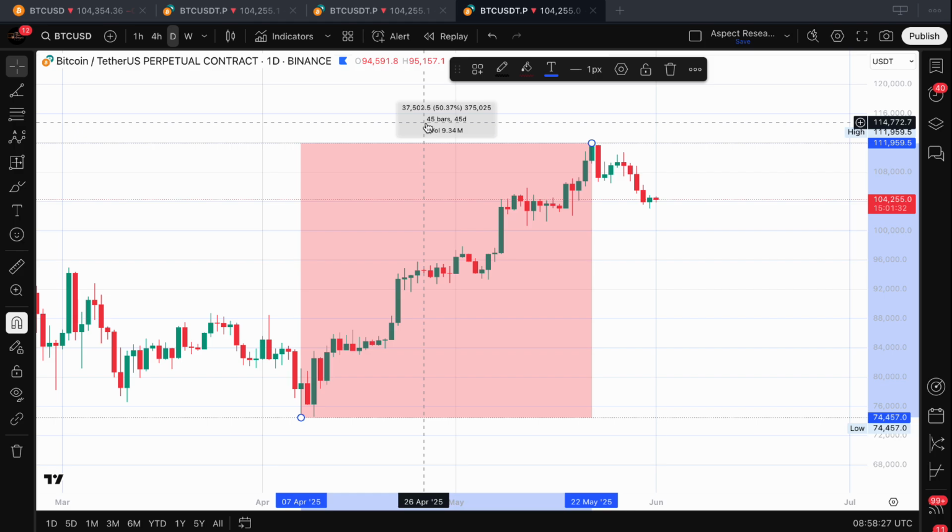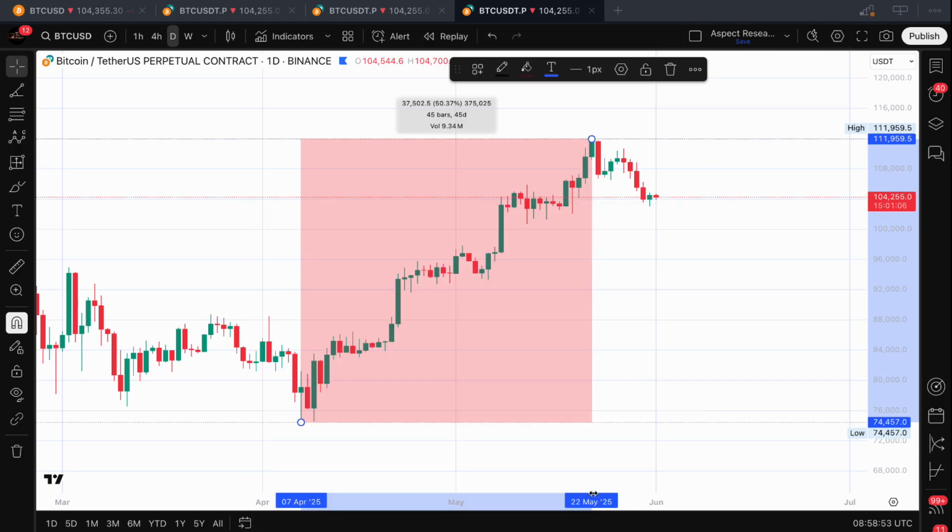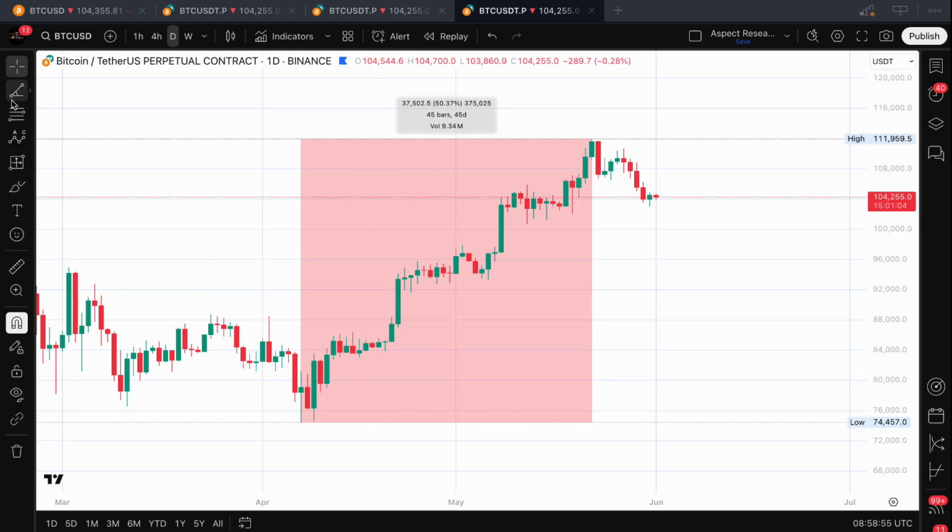We have 45 days, and the price appreciation is 37,500. So let's divide the 37,500 by 45. It gives us 833. Go to the settings, more settings, lock price to bar ratio, 833.